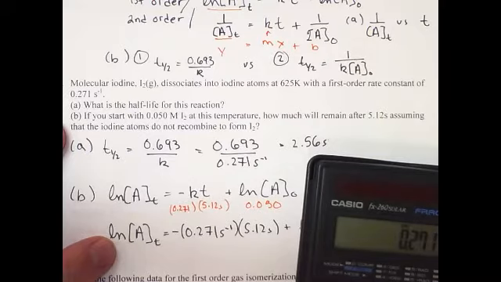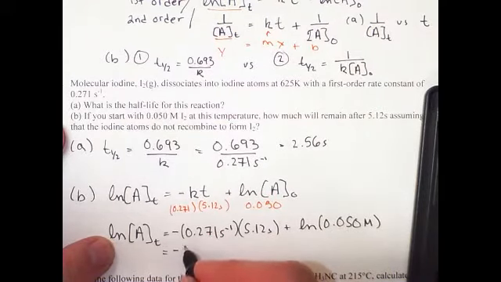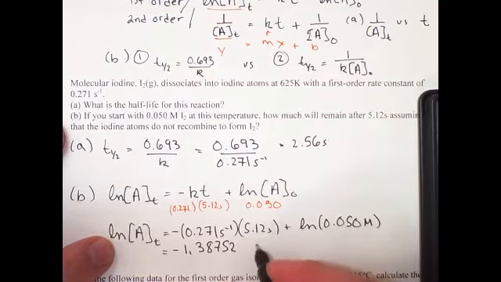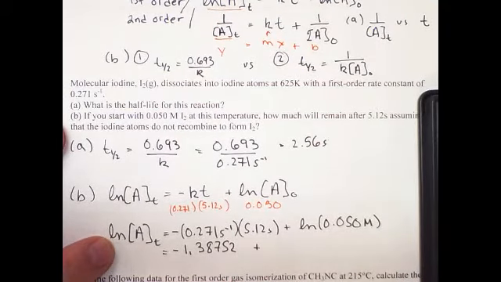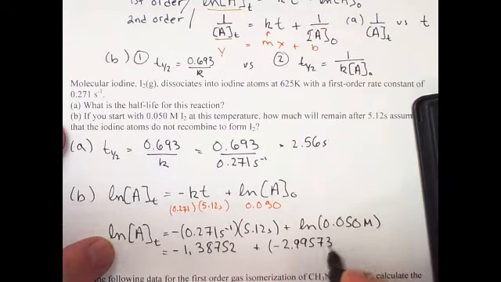So 0.271 times 5.12 equals negative 1.38752. No units because the units will cancel out. And the natural logarithm of 0.05 is negative 2.99573.